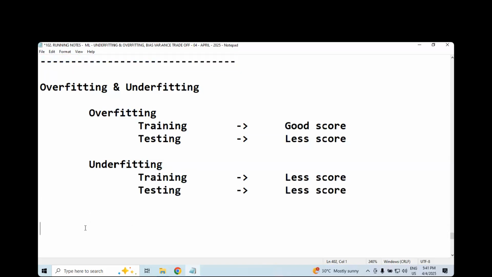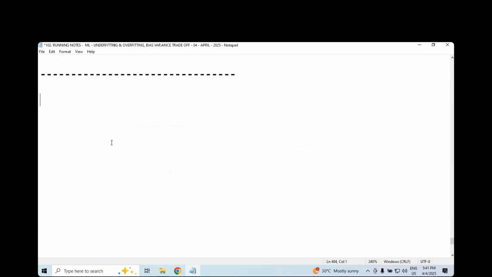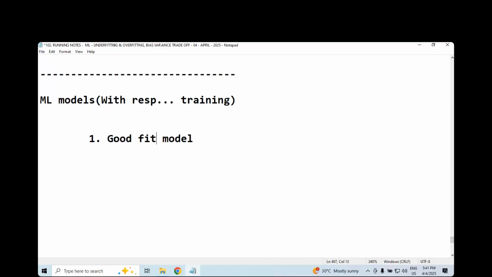Now what you need to understand is, when you're talking about ML models, with respect to training, there are three models. First one, good model or good fit model, anything you can say.